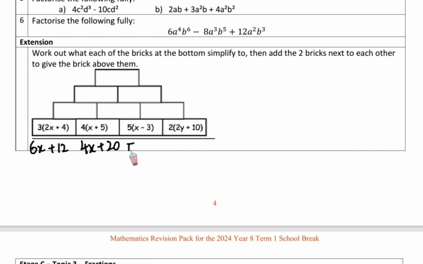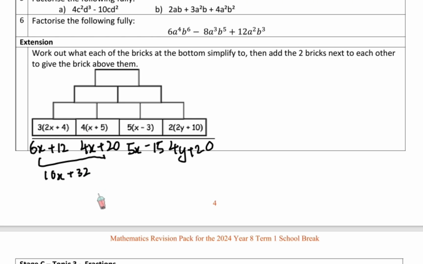And this will be 5x minus 15 and 4y plus 20. And now we will add these two together and factorize them. So this would be 10x plus 32.